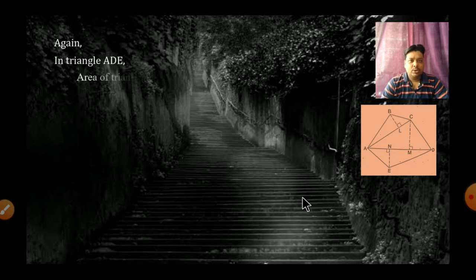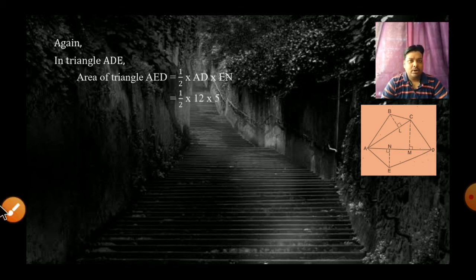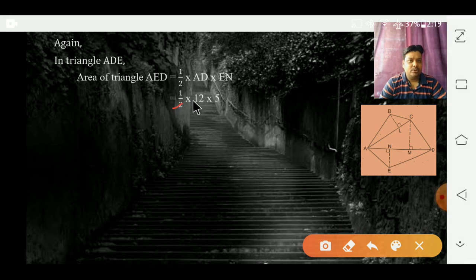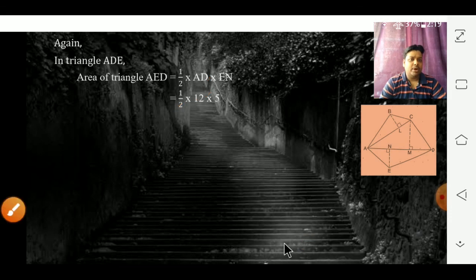So the area of triangle AED is equal to 1 by 2 into AD into EN. Okay, students. What is AD? Earlier 12 given, and EN 5 centimeter. Again 12 is divisible by 2. So 2 6s are 12 and 6 5s are what? 30. So 30 square centimeter.